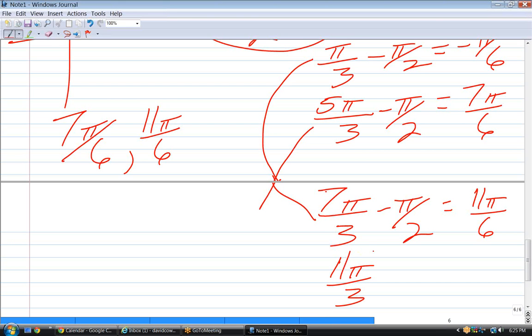Okay, that's the next place where cosine equals 1/2. Now subtract pi over 2 from that. What do you got? 19 pi over 6. That's outside our domain. Right? Yeah. So these are our only 2 answers.